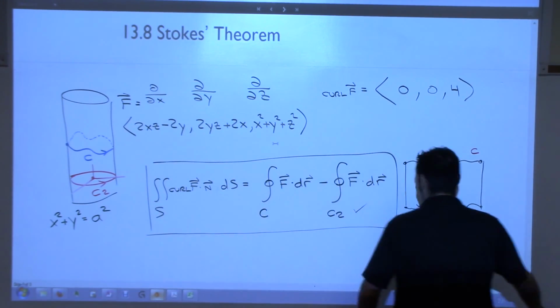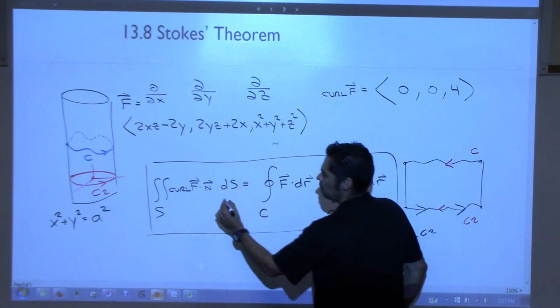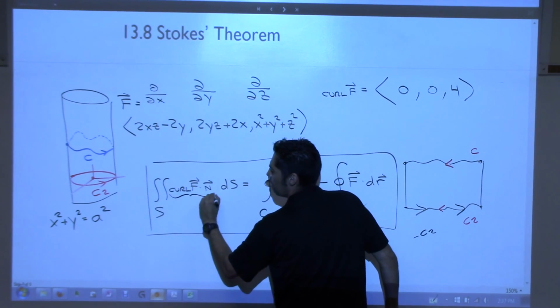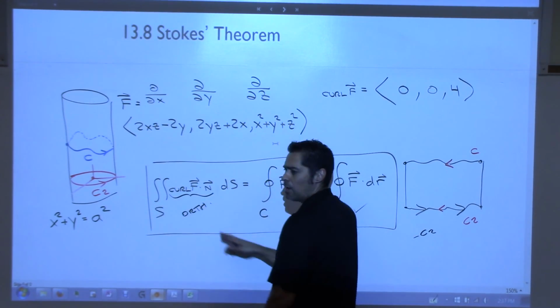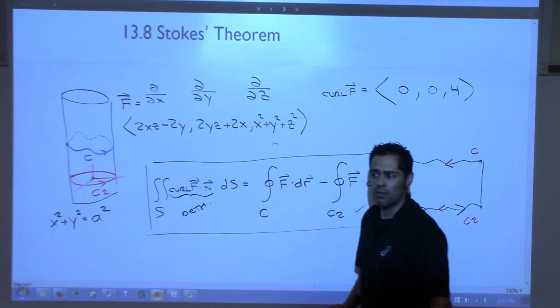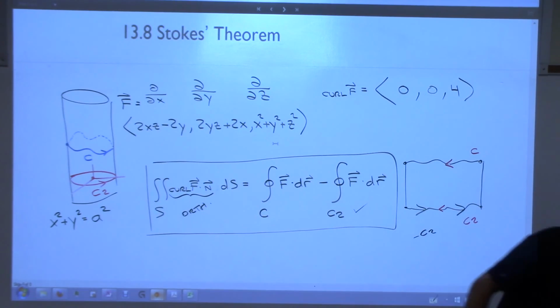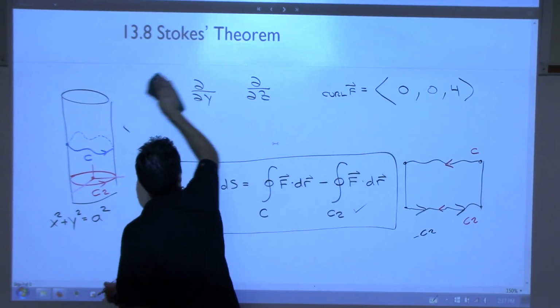This wouldn't work with just an arbitrary vector field. So because this normal vector and the curl of f are orthogonal, their dot product is 0. And that means the left side is 0. Understand? Okay?